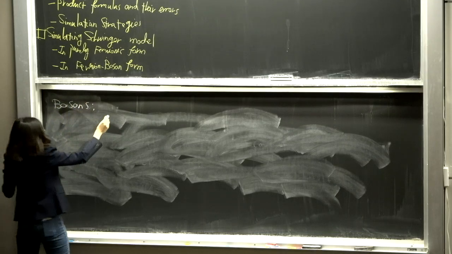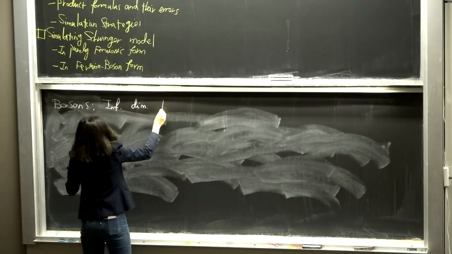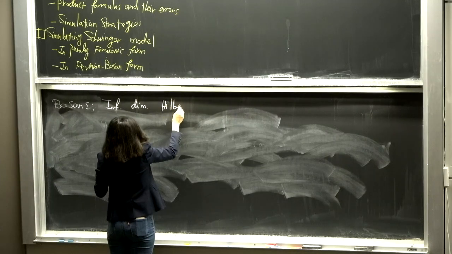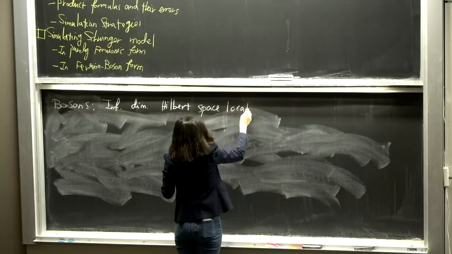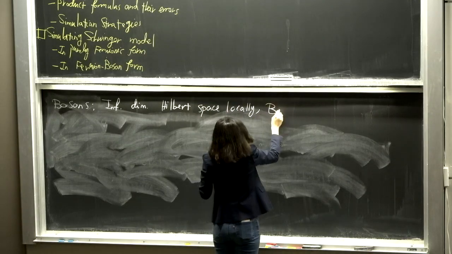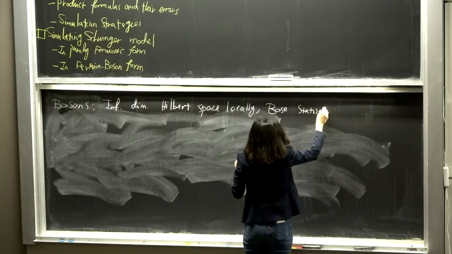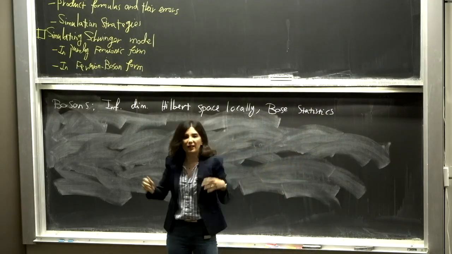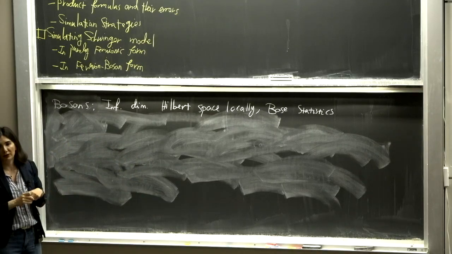Now, bosons have infinite dimensional Hilbert space locally, but they have Bose statistics, which is a commutation algebra. And that's something that Pauli operations on the qubits would satisfy.